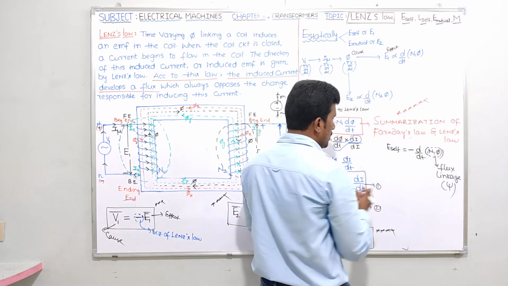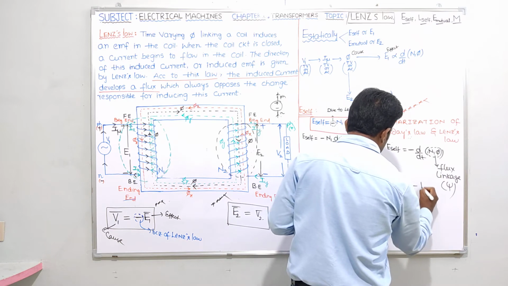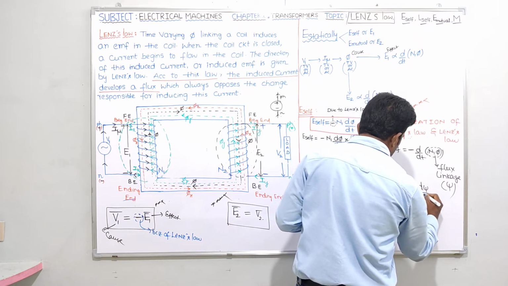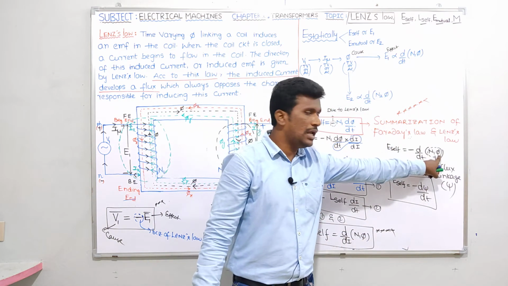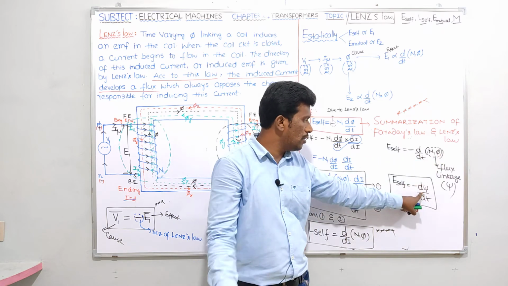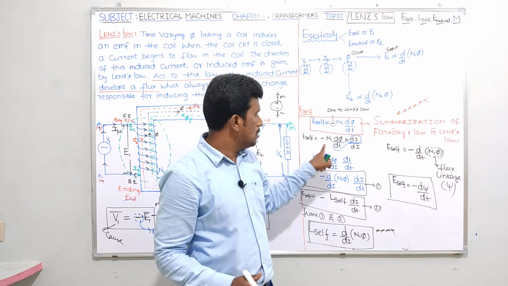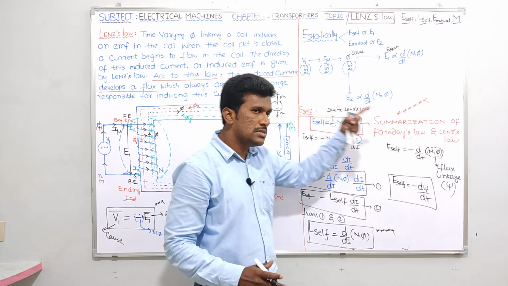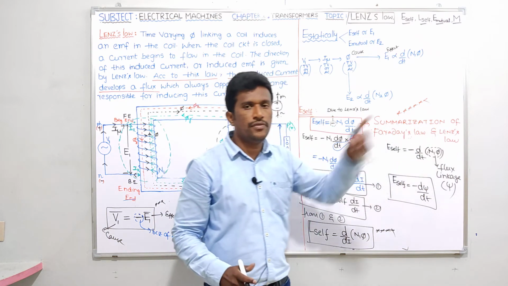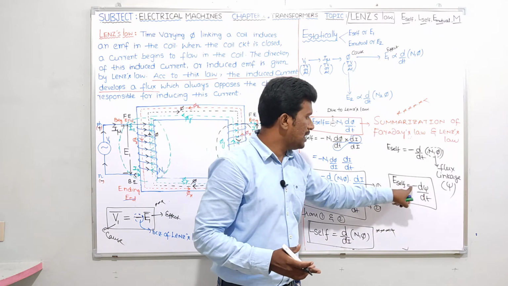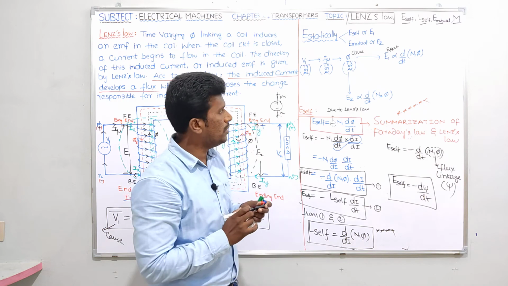So suppose they give you in the options Eself equals minus d psi by dt, that is also the same statement. Don't get confused. In place of n pi, they might have given psi. Psi means N pi. You should be very careful. So Eself equals minus n1 d pi by dt is the summarization of Faraday's and Lenz law. Eself equals minus d by dt of n1 into pi, summarization of Faraday's and Lenz law. Eself equals minus d psi by dt, summarization of Faraday's law and Lenz law. Is it clear? Very important, please remember that.